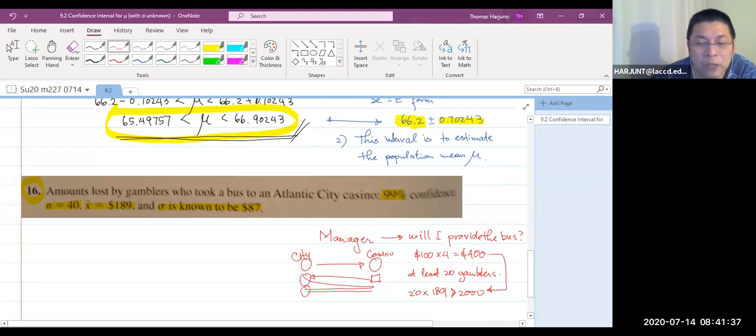Now, even with, let's say, 40 people times $20, that's $800. Assume the following: you have 20 couples going there, and only one spouse will gamble.